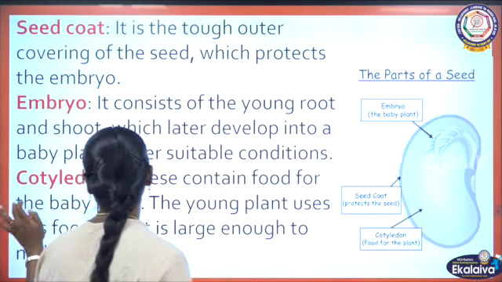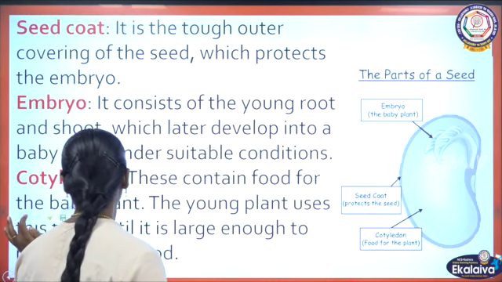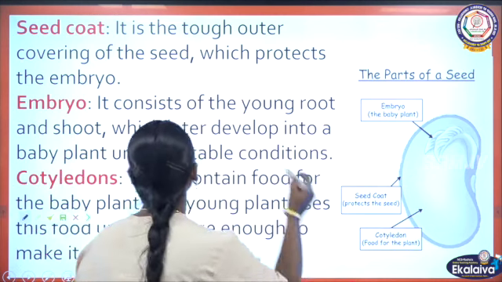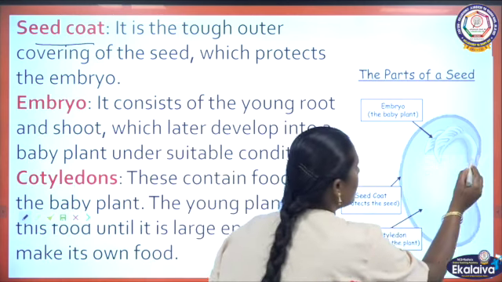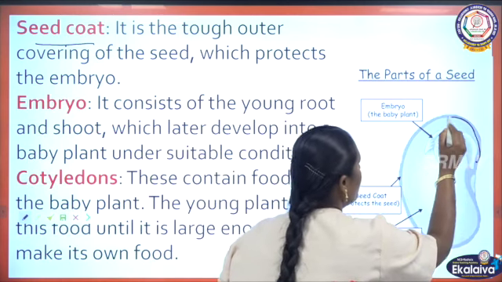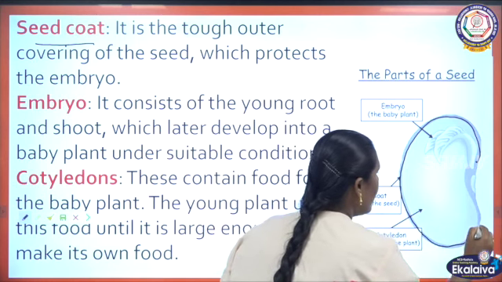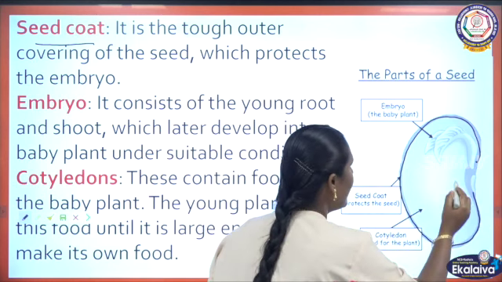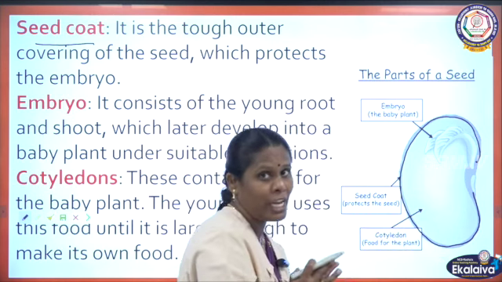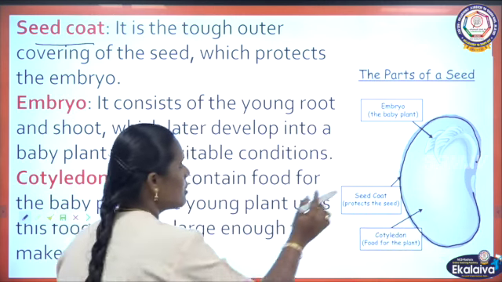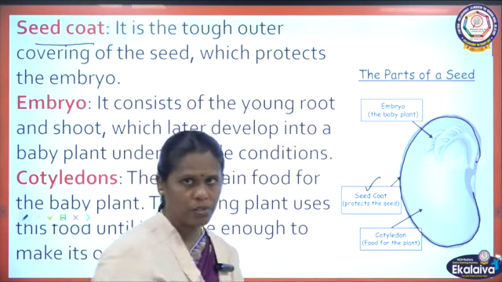See, the first part is seed coat. So, this is a seed coat. It is a tough outer covering of the seeds. It protects the embryo. This is the first part, that is the seed coat.